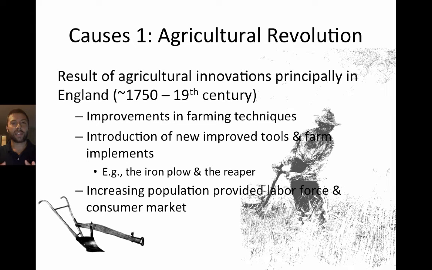Now let's look at some more specific causes of the Enlightenment itself. Now, the Enlightenment you have to think of as first an ideology. It's a new way of thinking that leads to great and large-scale changes and revolutions within Europe.